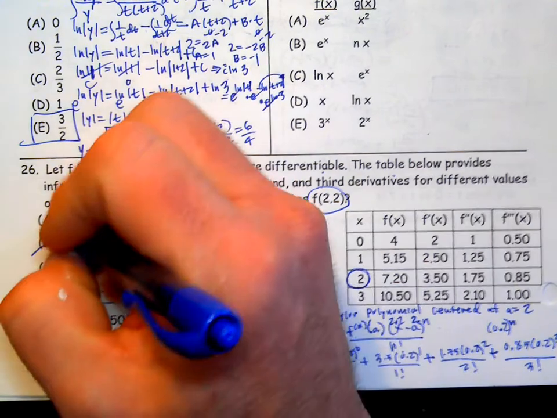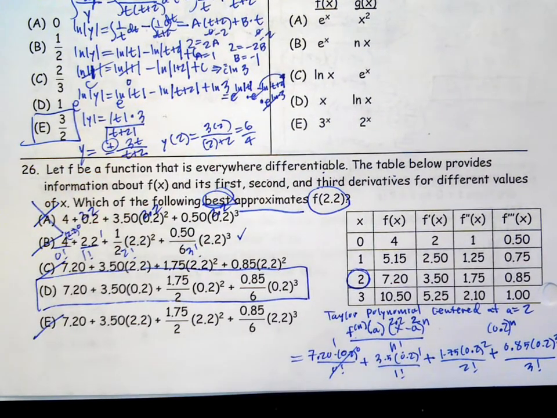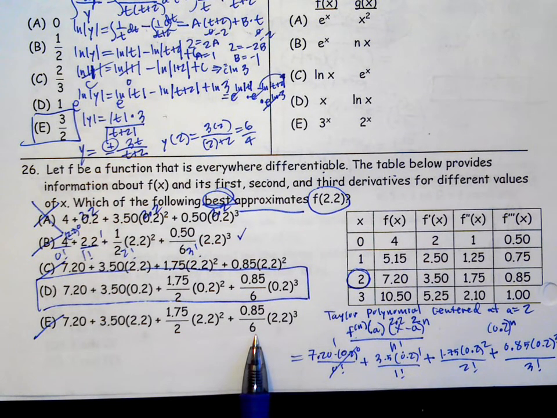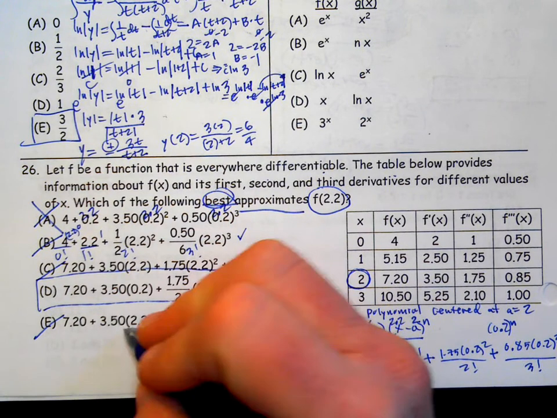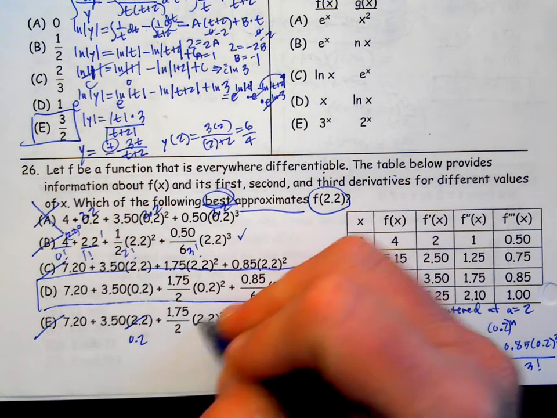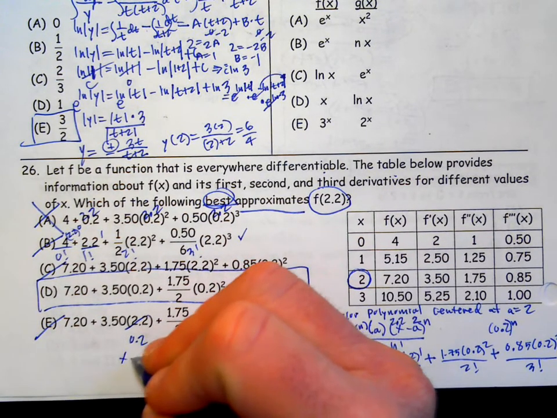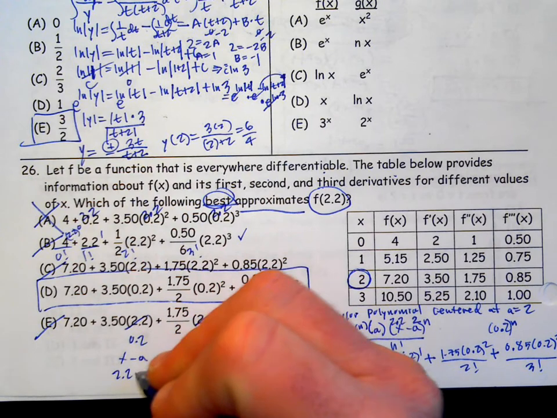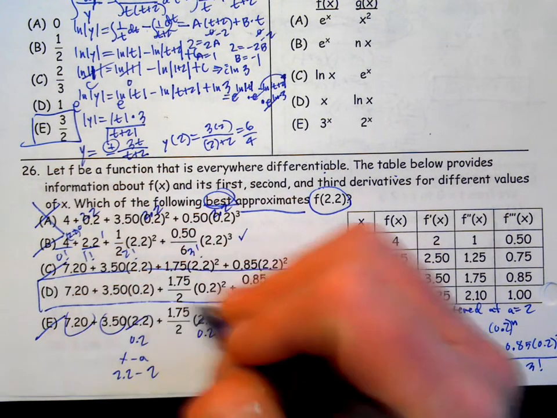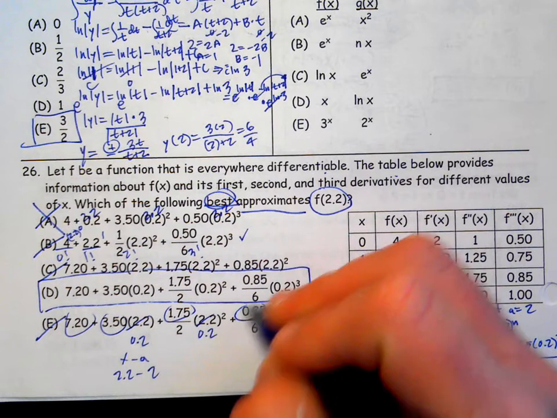This one's just wrong. And then this one looks like it's using all the values that we have here, but it has a 2.2 here. So it's using the values for x equals 2, which means it'd be centered at x equals 2, which means these would have to be 0.2s, right? Because you have to do x minus a. You have to do 2.2 minus the center, and these values are all coming from x equals 2.